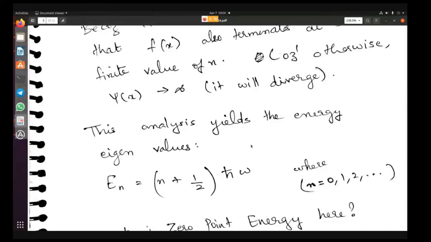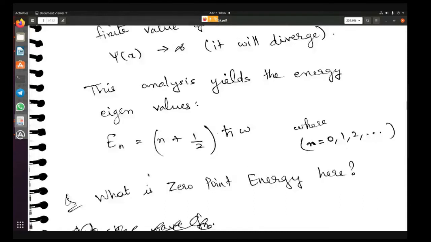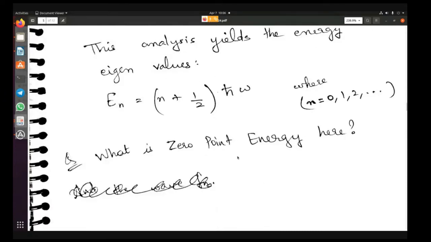If the position is known and momentum is known, that violates the Heisenberg uncertainty principle. So for a quantum particle, the energy cannot be zero. There has to be some finite energy even at the lowest energy level. Here, that lowest energy, called the zero point energy, is equal to half times h cross omega.